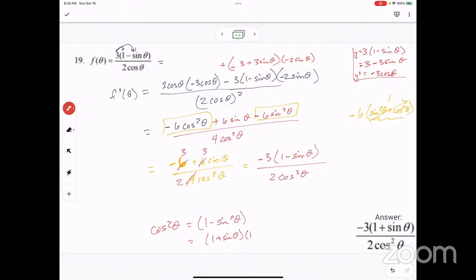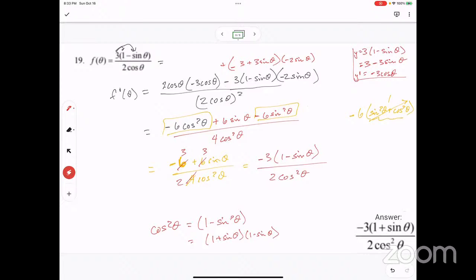Wait, I think what he wants is to combine like terms and subtract this from -6 sine squared. Those aren't like terms, because this is sine and this is sine squared. It's like x and x squared. They're not like terms. Oh, yeah, good point.